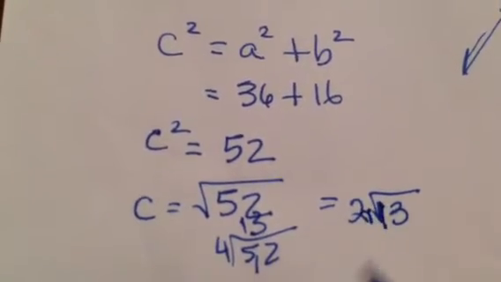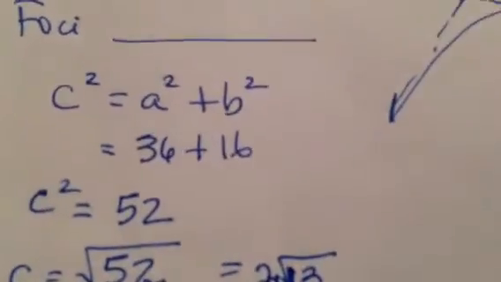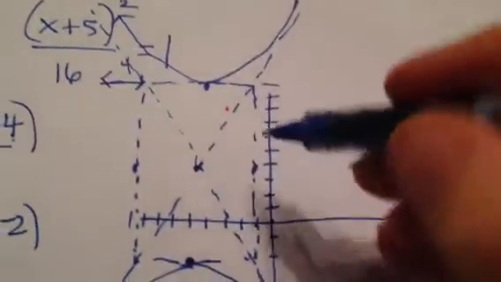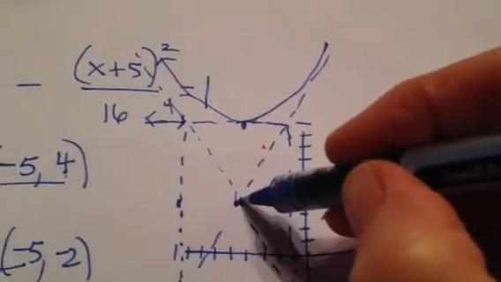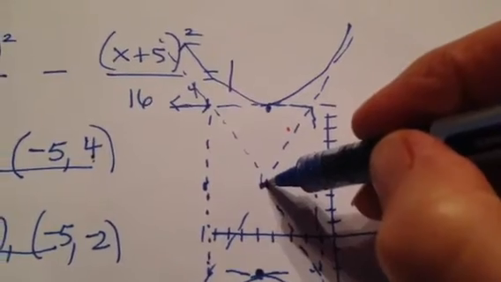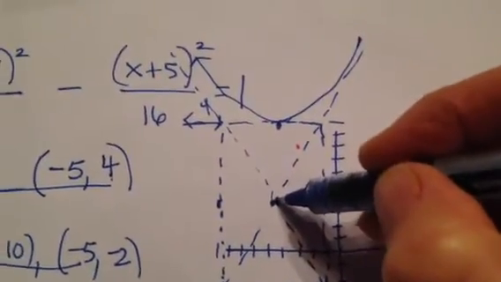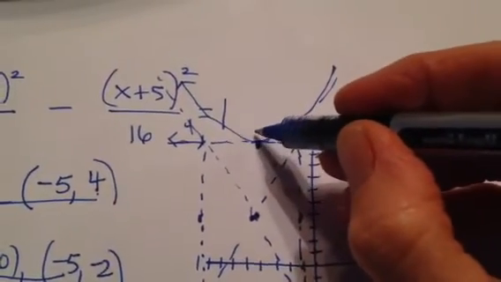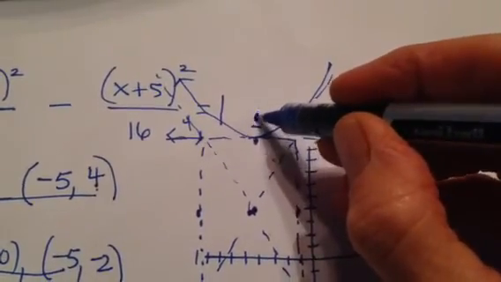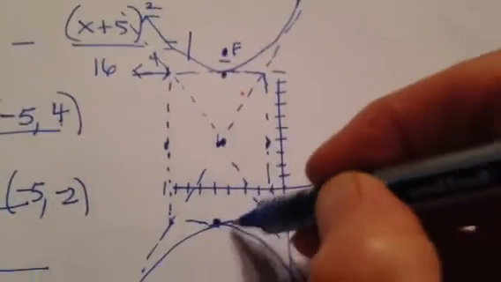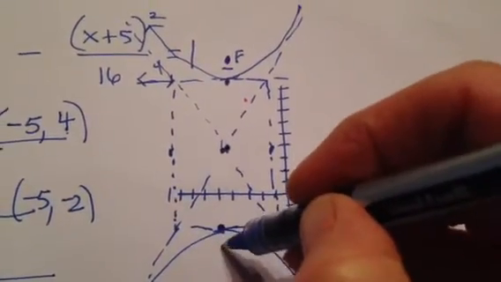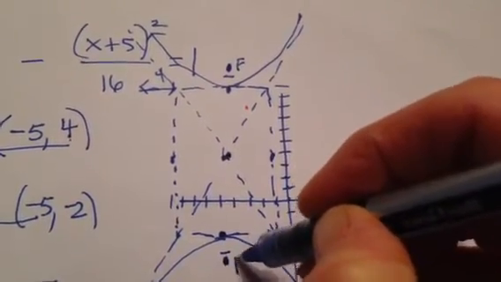It's kind of hard to see right there, okay? So that means I need to move up and down that distance from the center. Now the square root of 52 is a little bit more than 7, okay? I already went up 6 right here, so I need to go just a little bit more than 7. So there would be the foci there. Here I went down 6. I want to go down 7, so it's going to be somewhere right in there.